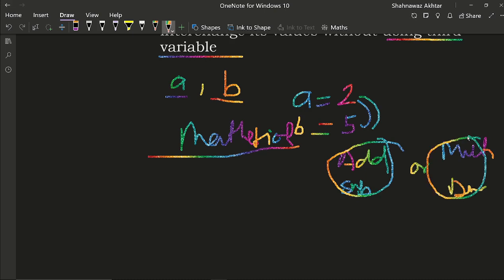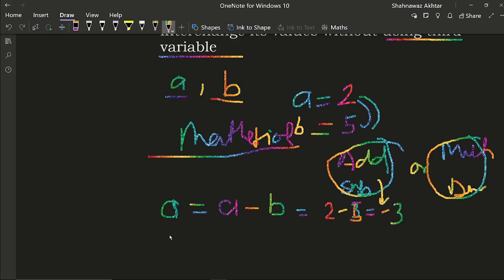In this method I will be using addition and subtraction. Suppose in A, I have subtracted B from A, so I will get 2 minus 5, that is minus 3.